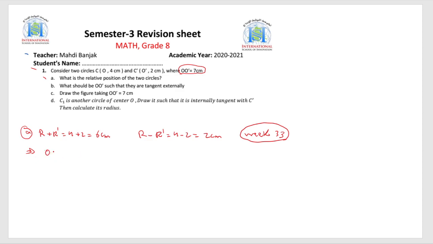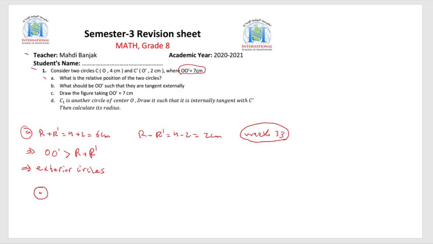So OO prime is greater than r plus r prime. And in this case, the two circles are exterior circles. Why exterior circles? Since OO prime is greater than r plus r prime.